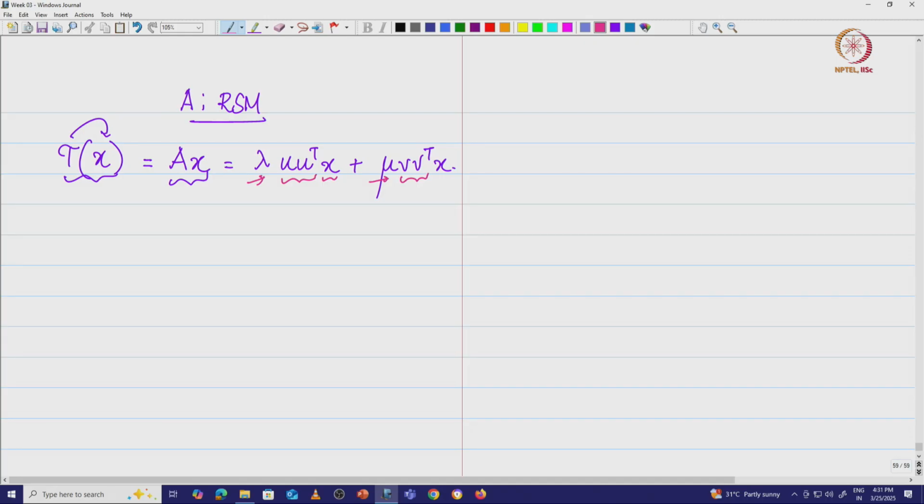So the effect is nothing but projecting x onto orthogonal eigendirections, or orthogonal directions, and scaling the projection.